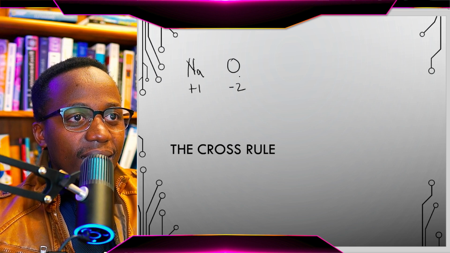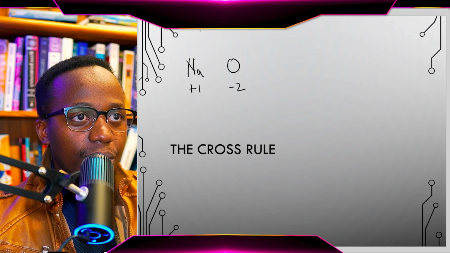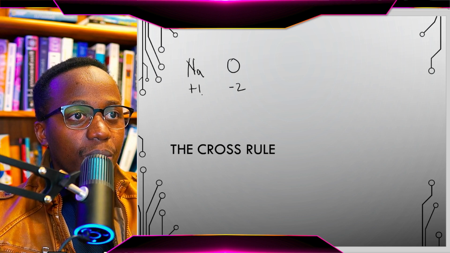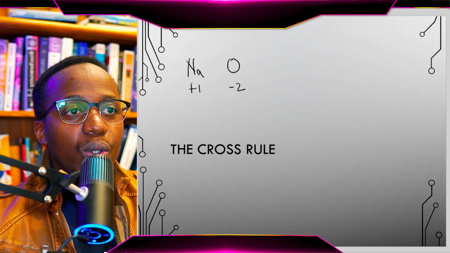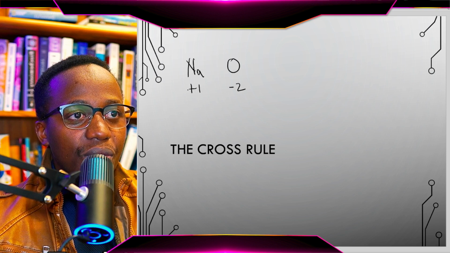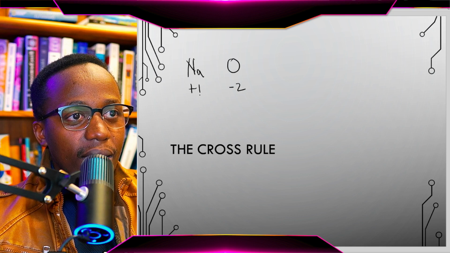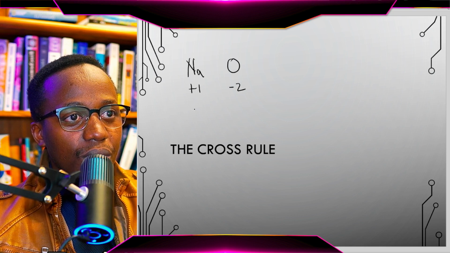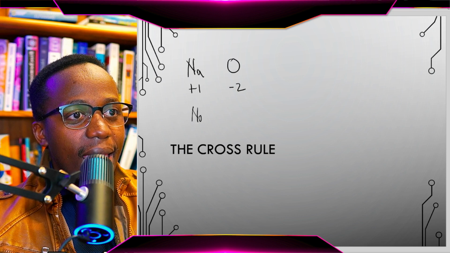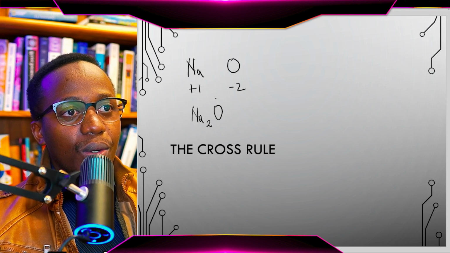The rule is that the total charge of a compound is 0. So if you have -2 plus 1, you're going to need another atom of sodium so that we have +2, and then +2 minus 2 is 0. So the charge needs to be 0. So it needs to be Na2O.